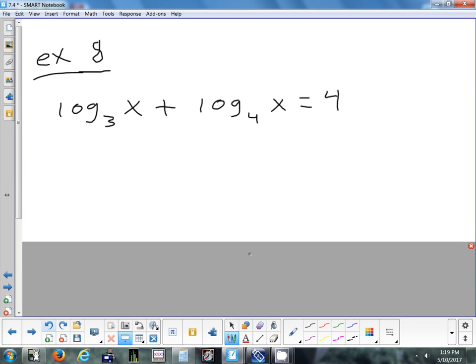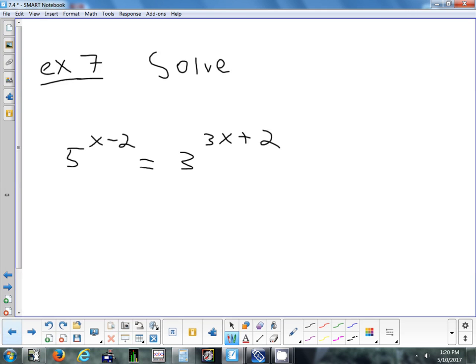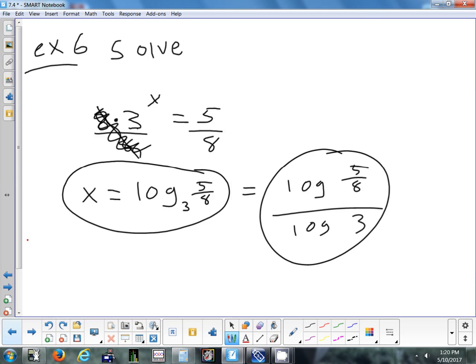How could you rewrite this first log if you were going to type it in on a calculator? Pretend like x was a number. How would you rewrite it? It'll be a fraction when you rewrite it. I want to rewrite that first log, and it's the same thing we did right here, so if I was going to type it in on a calculator, I could.